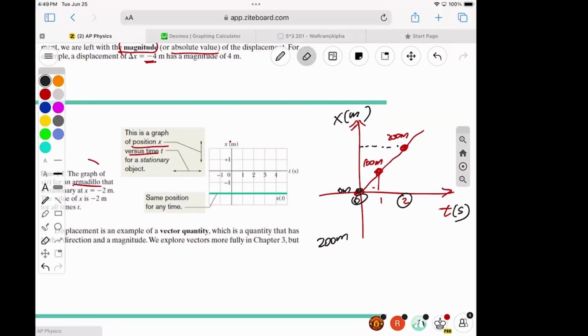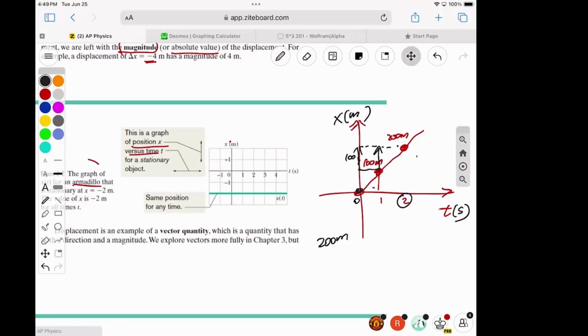Now, let me ask another question. What is the displacement between 1 second and 2 seconds? Jared, can you help me with that? 100 meters. Yes, exactly. Good job. Because moving from 100 to 200, I've moved 100 meters.